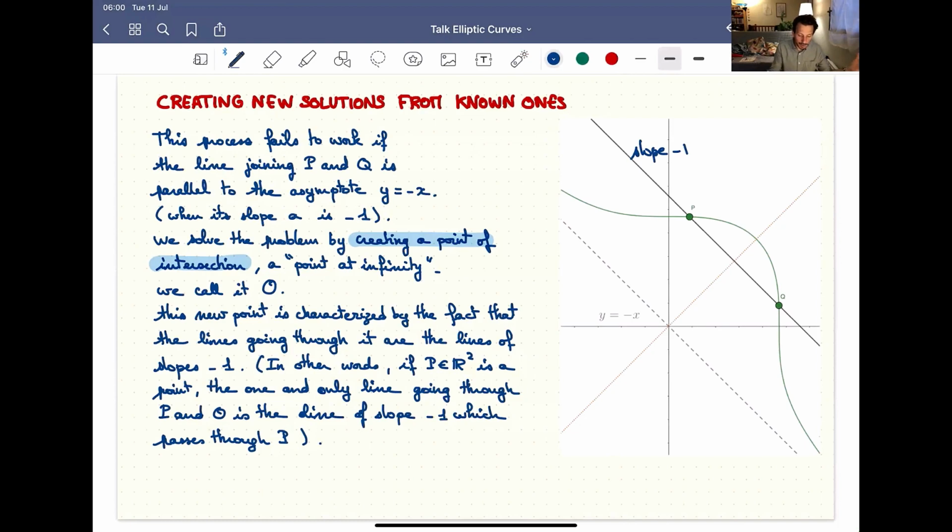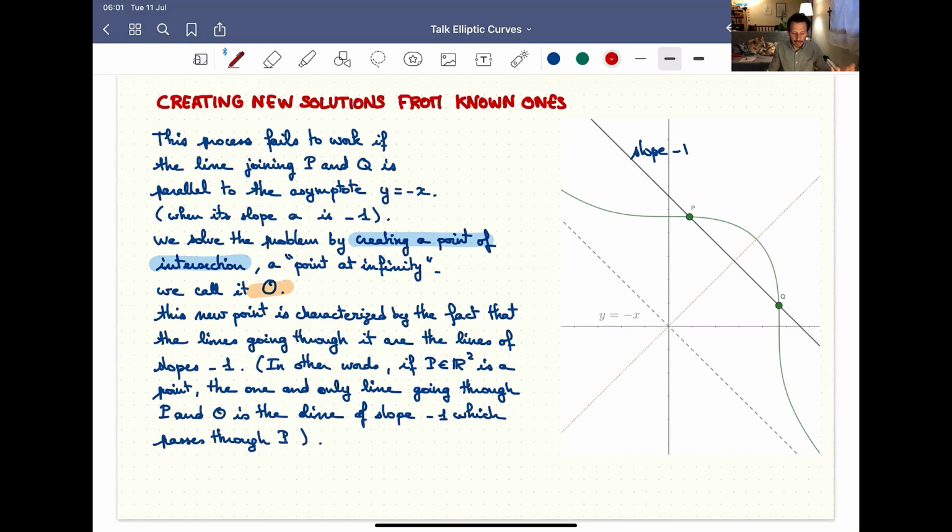We're just going to add one extra point, we'll call it O. It's not an actual point on the plane R2.